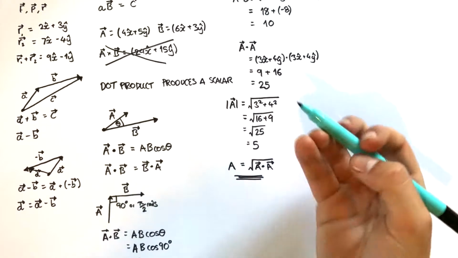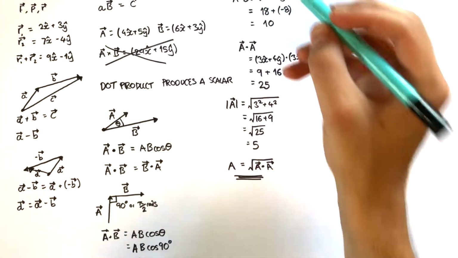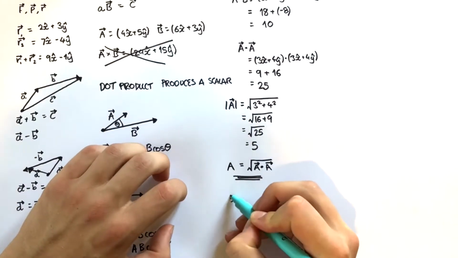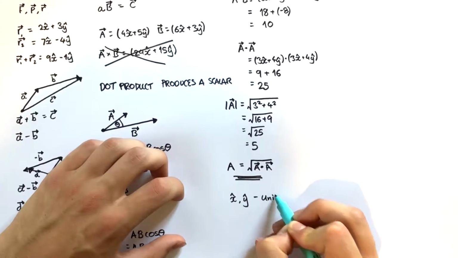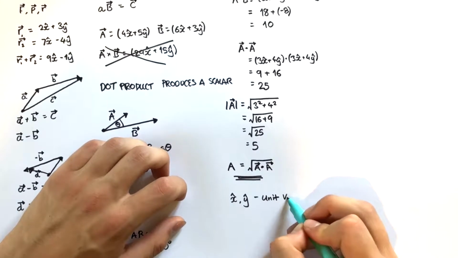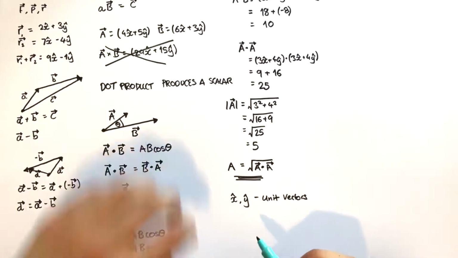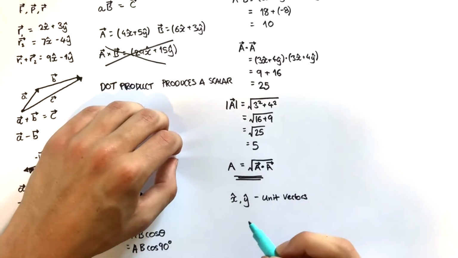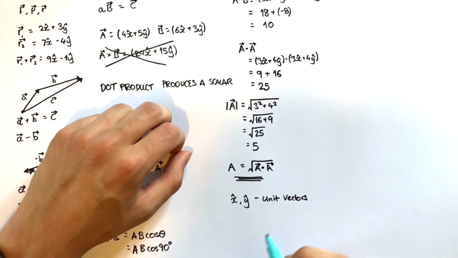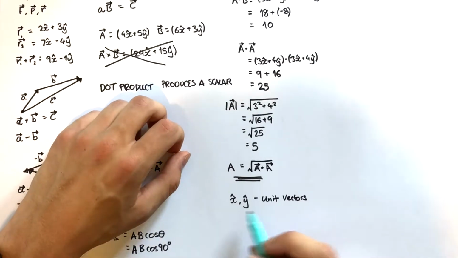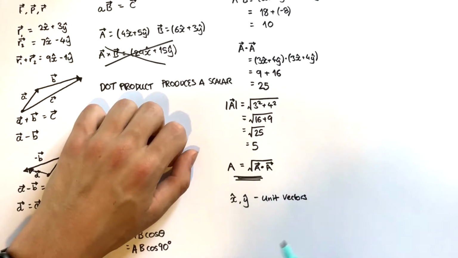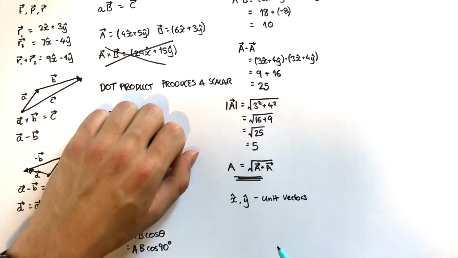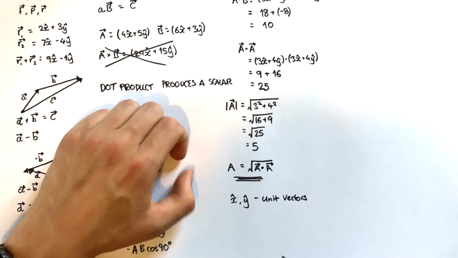So we actually said in the last video that the x hat vector and the y hat vector are unit vectors. They both have a magnitude of 1. But actually it turns out that we can create any unit vector in a certain direction. It doesn't have to be just these boring old ones here. But the one condition is that the unit vector has a magnitude of 1.